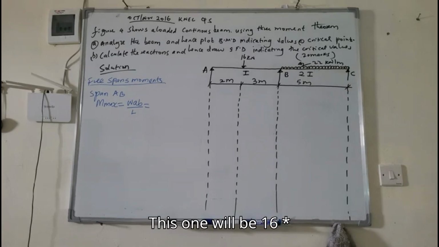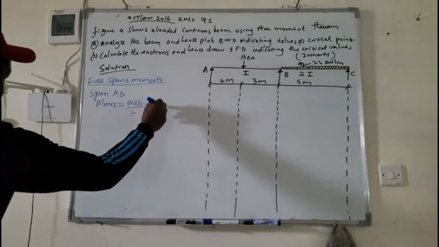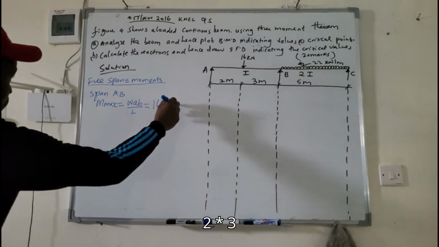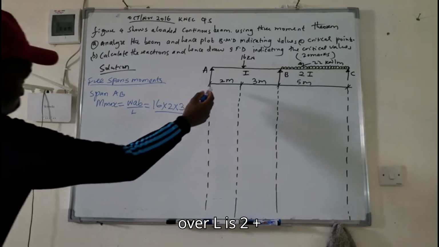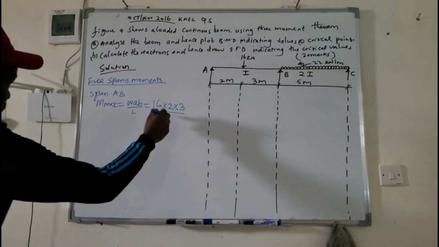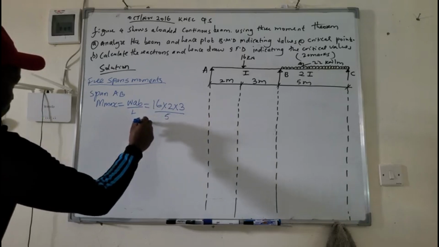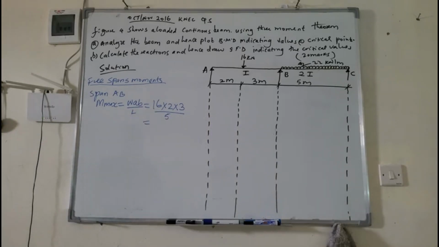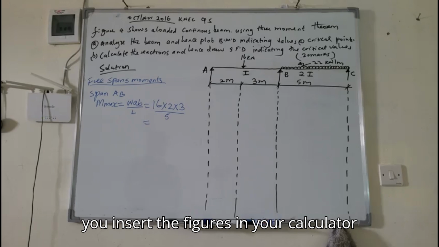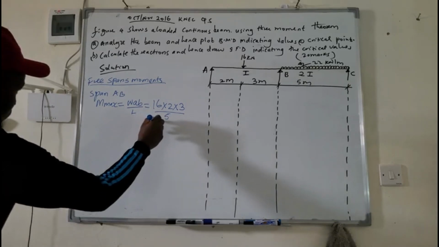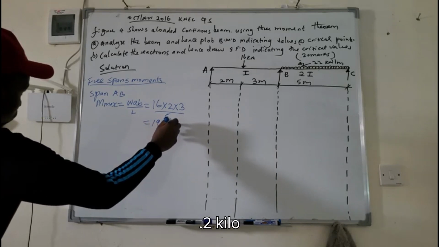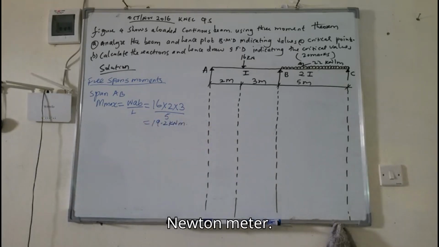So this one will be 16 times 2 times 3 over L, which is 2 plus 3, that is 5. After doing so, you insert the figures in your calculator and you will get the answer, that is 19.2 kilonewton meter.